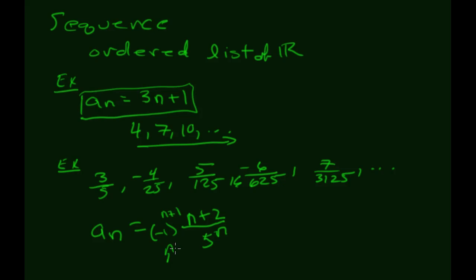All right, so let's get into how sequences have limits. Limits of sequences are actually more rudimentary than the limits of functions, because the limits of sequences only exist when n goes to infinity.